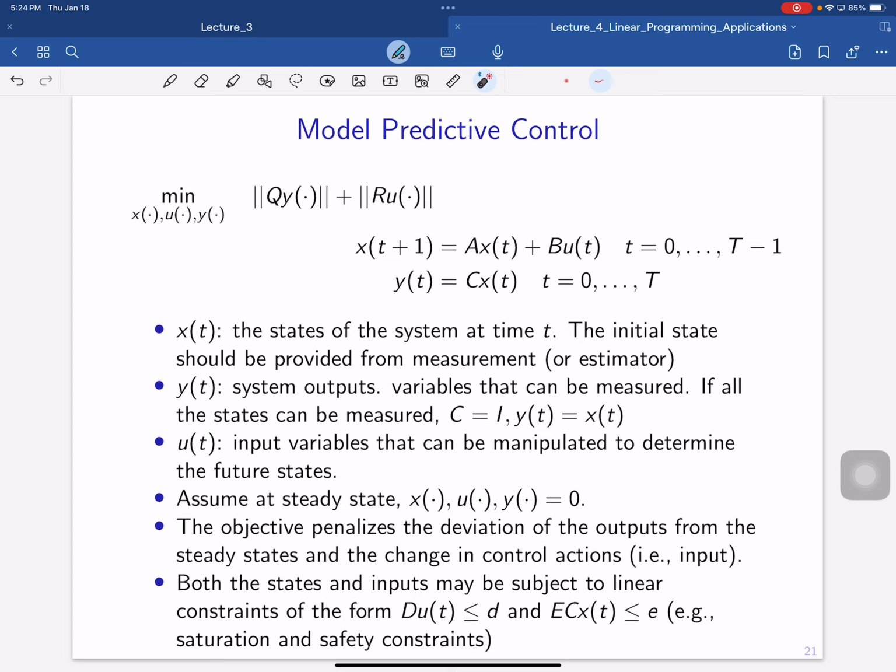That's why, just for notation simplicity, we assume at a given steady state all those variables are 0. And the objective usually tries to penalize the deviation from the steady state and the change in the control action.